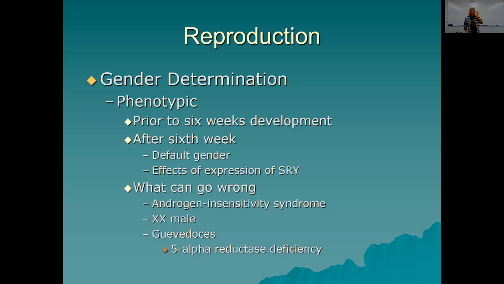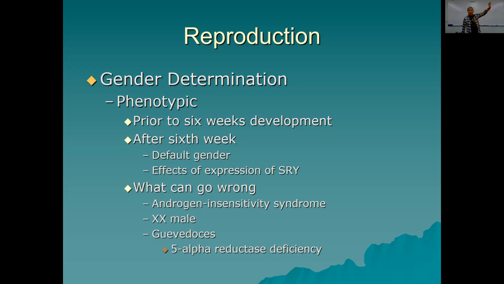And here's what happens. The SRY gene goes off, and you make testes. Testes make testosterone, but the testosterone doesn't do anything. Why? Because of a defective testosterone receptor.